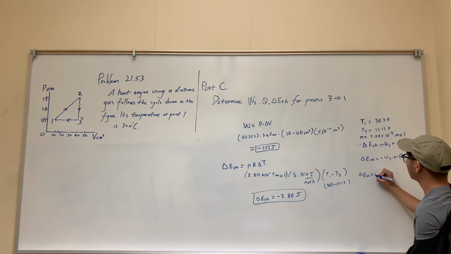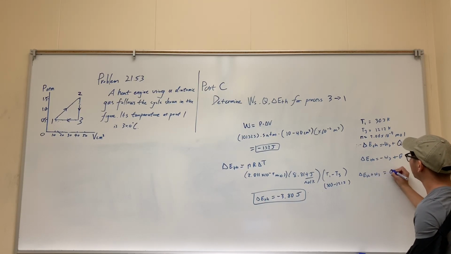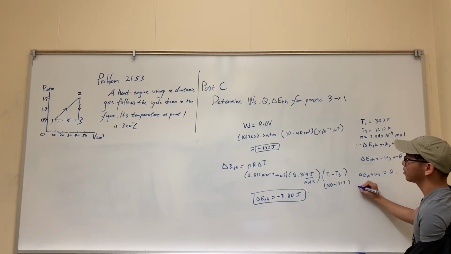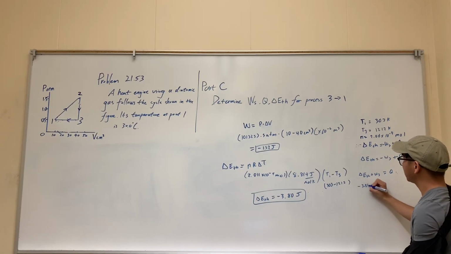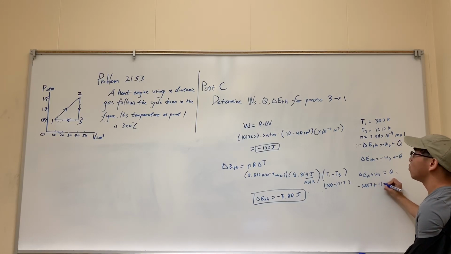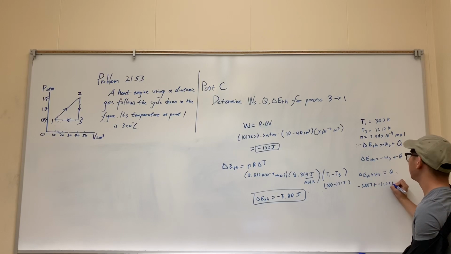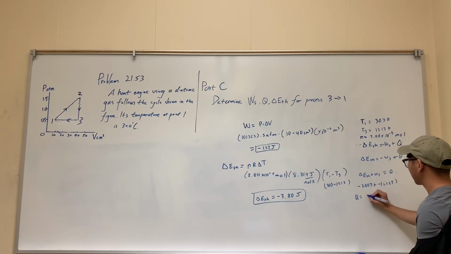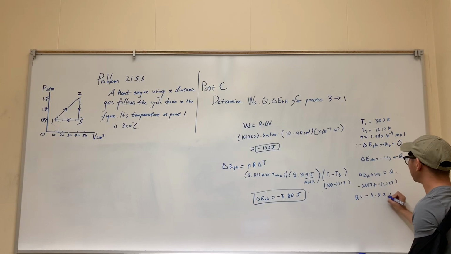ETH plus WS equals Q. And we got negative 3.8 joules plus negative 1.52 joules. So our Q will end up being negative 5.32 joules.